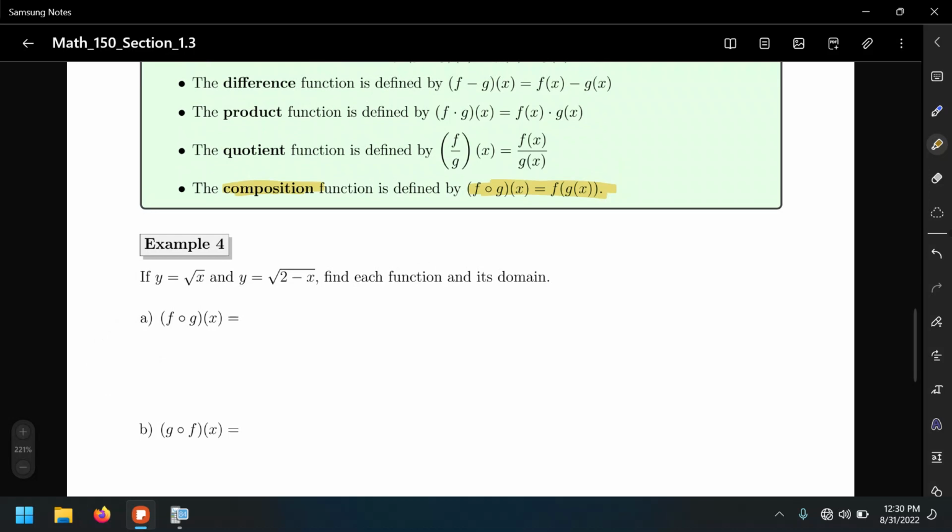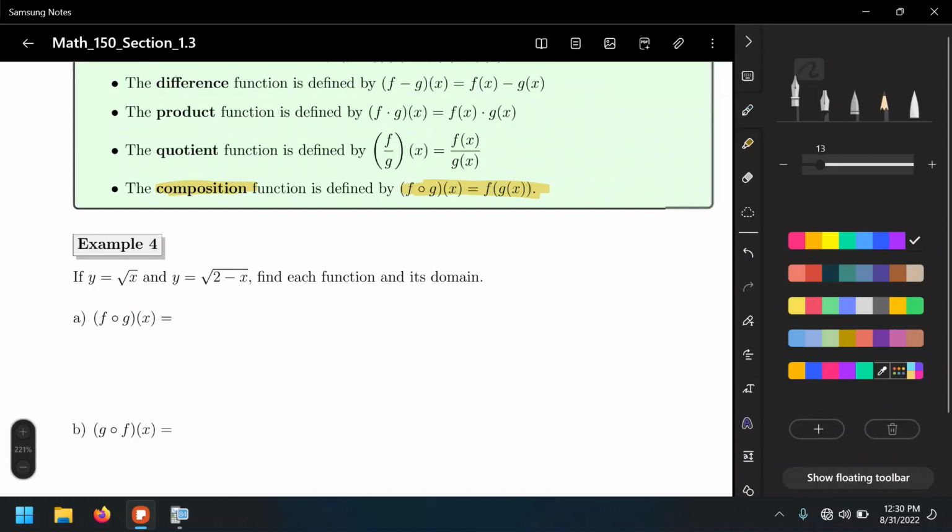As an example, if we have two functions, y equals the square root of x, well, actually, let me relabel this. This should have been f and g, just so we are consistent with the notation here. So they're asking us to do the composition in a certain direction.